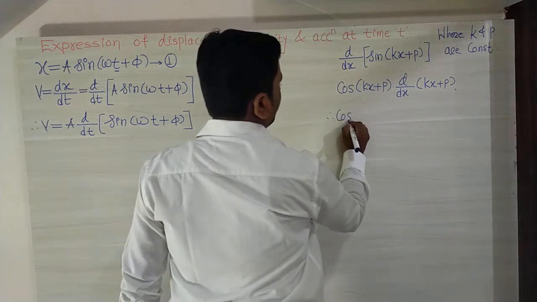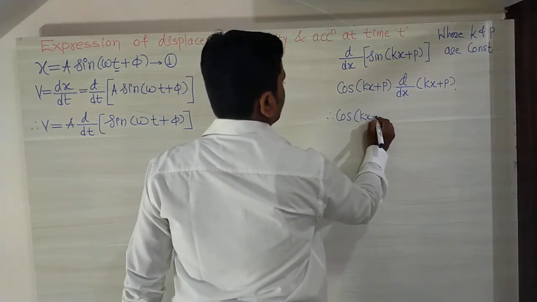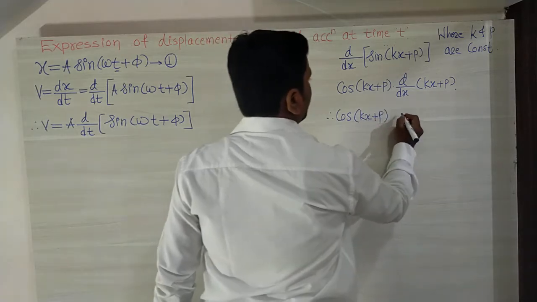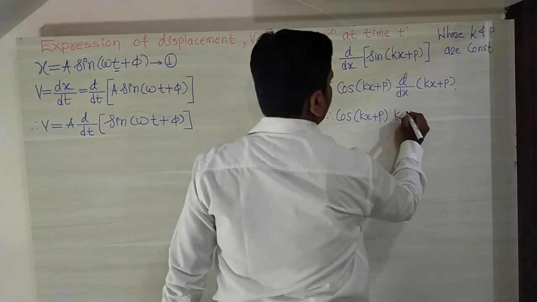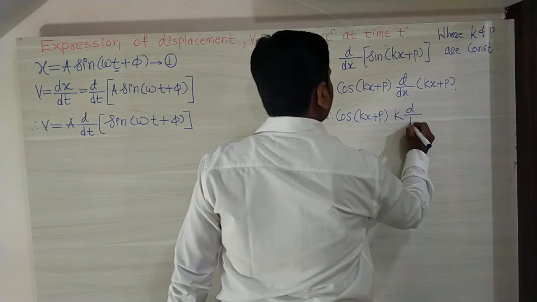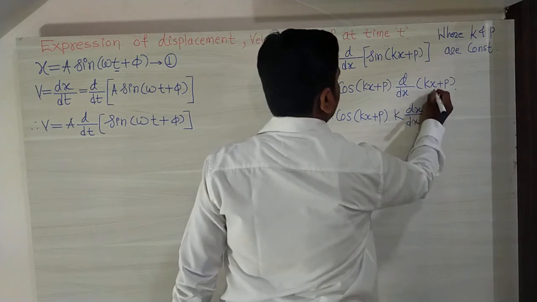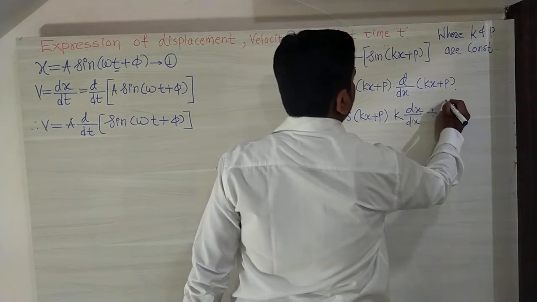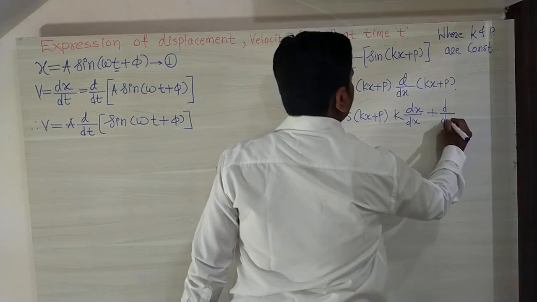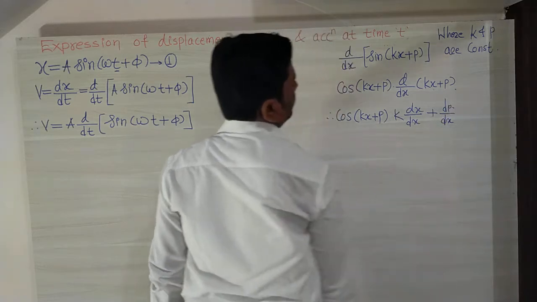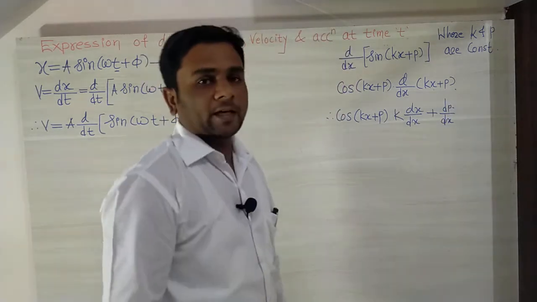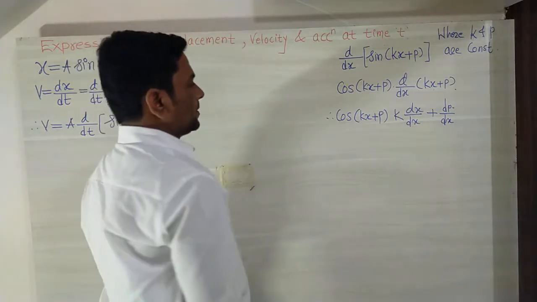Therefore we get cos of kx plus p into k, which is constant and outside the derivative, k into d by dx of x plus d by dx of p, where k and p are constant.